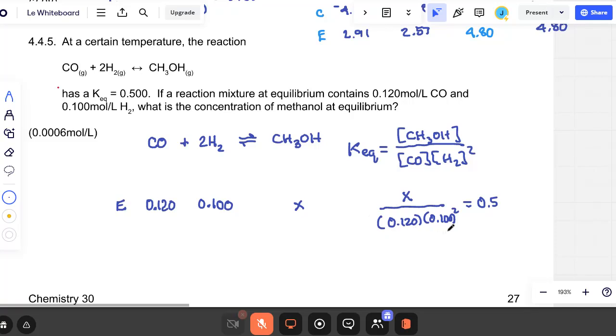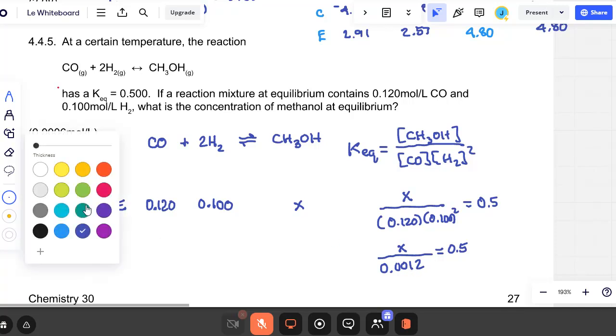I'm going to multiply together all this stuff in the denominator. So 0.12 times 0.1 squared, and I get, so the x didn't change. Down here I get 0.0012 equals 0.5. Now, if we want x alone, right now it's divided by 0.0012.